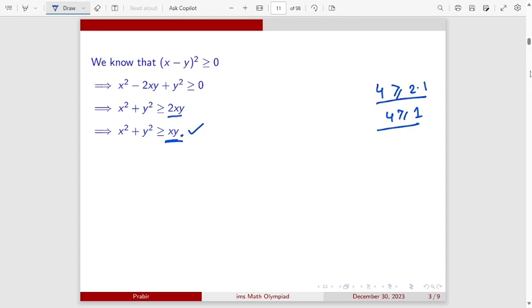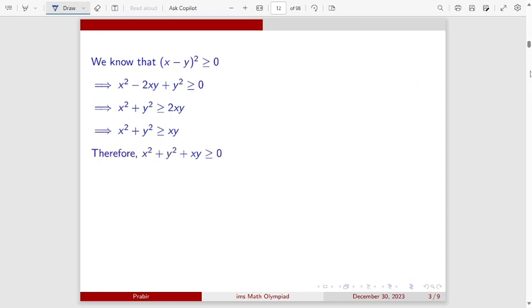By the help of this inequality we can say that x square plus y square plus xy is greater than or equal to 0. So now we can see that this term is greater than or equal to 0. This is greater than or equal to 0 because the product of two numbers will be 91.